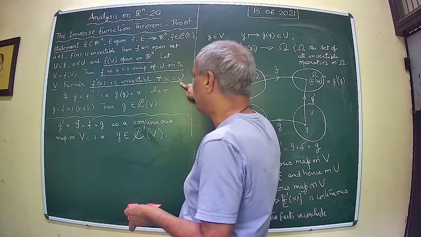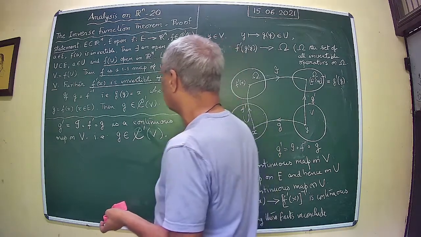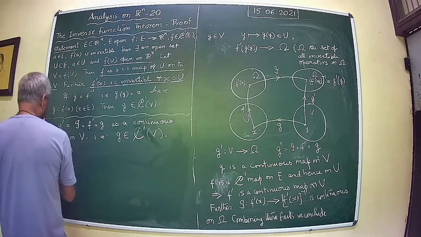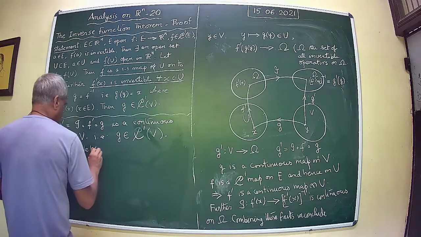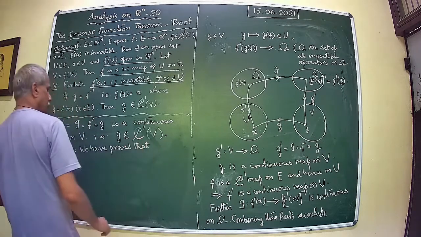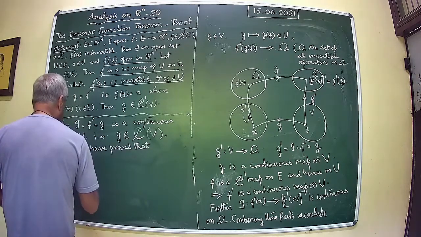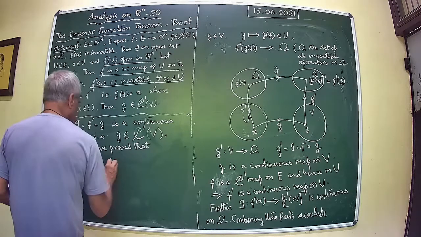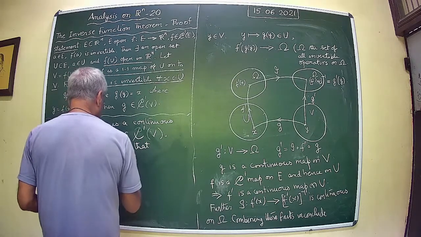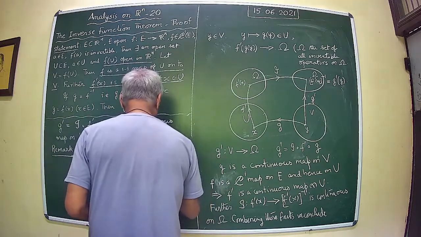Then we estimated what exactly is the derivative of G, and we concluded, so note, remark, we have proved that G prime of y equals F prime of x inverse, where y is equal to F of x.